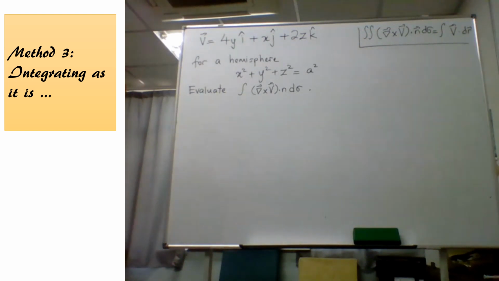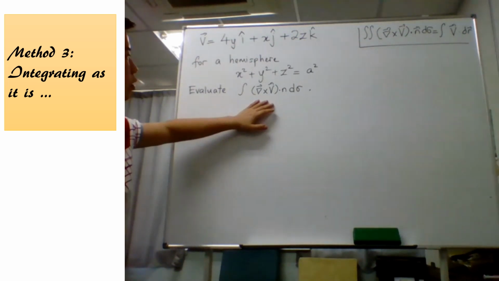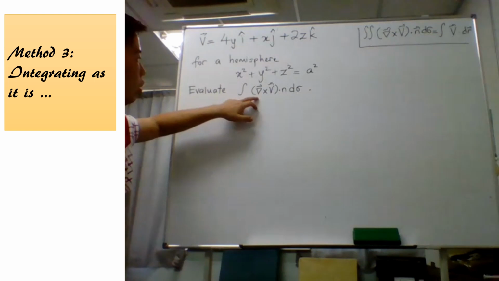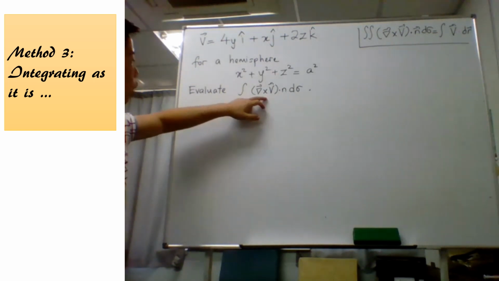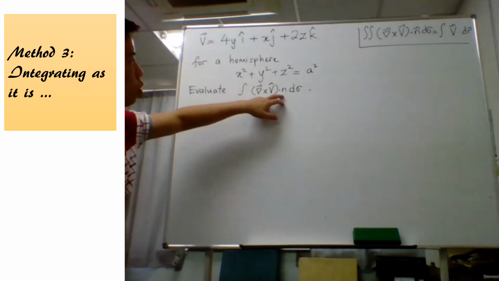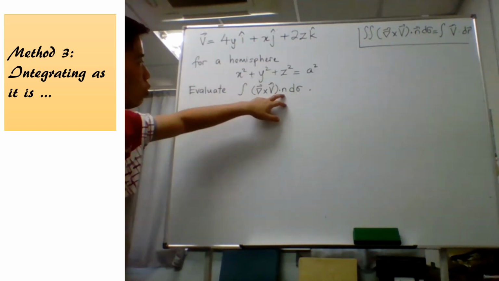So here, if you do not want to invoke the Stokes theorem, then you have to evaluate the terms one by one. Basically, the curl of the vector v, you have found what this is, but now you have to find the unit vector n normal to the surface.